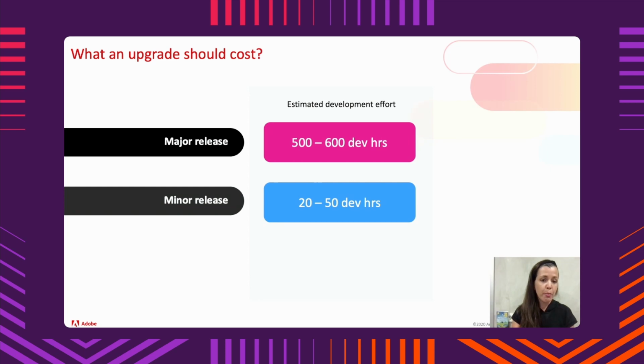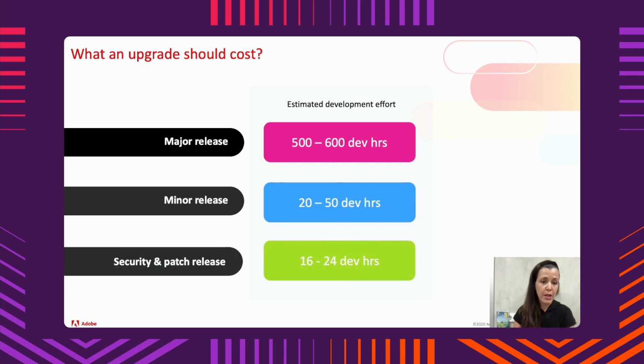Then we have minor releases. These are much easier and straightforward if you follow our best practices and you have good quality code. The estimation for these upgrades is between 20 and 50 development hours. And then we have security and patch releases, which should be between 16 and 24 development hours.